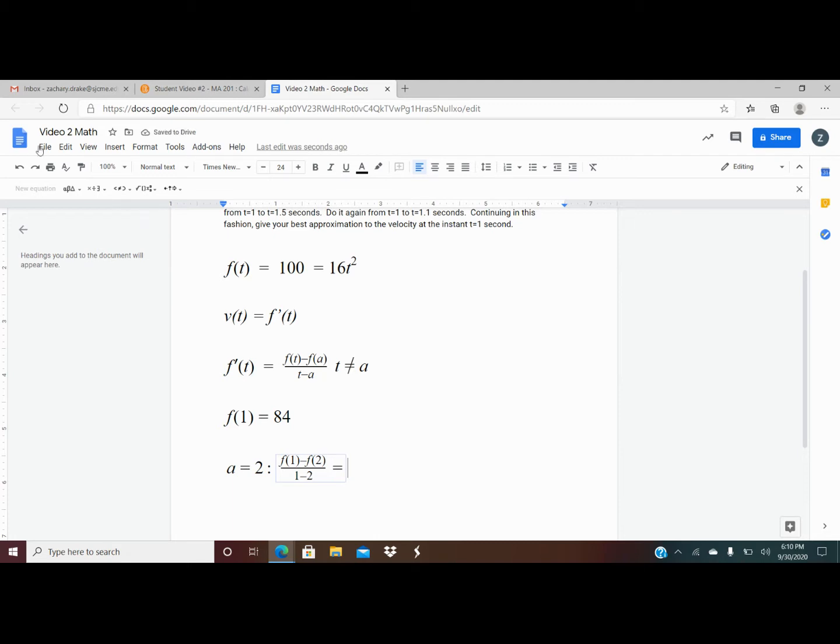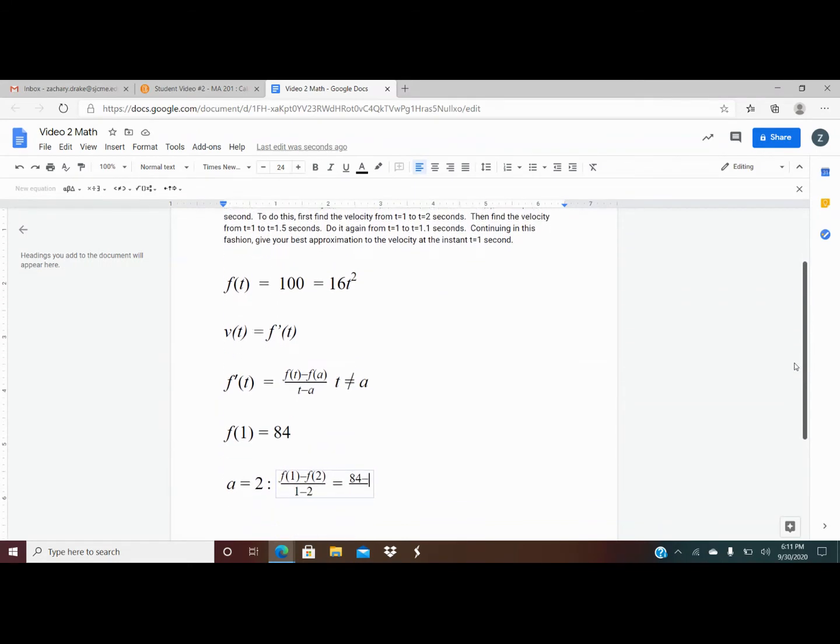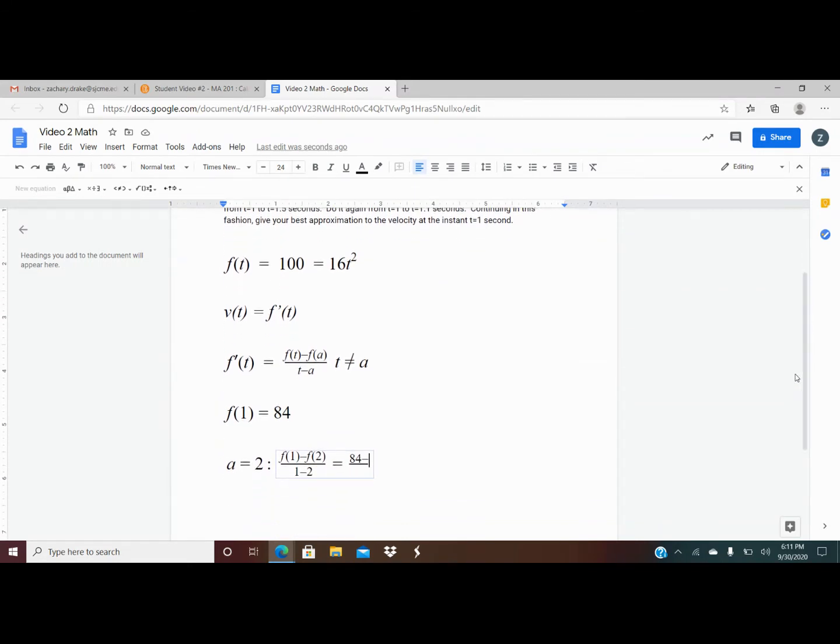We already established that f of 1 is 84, and f of 2 is: 16 times 4 equals 64. Subtract that from 100, and we get 36. So 84 minus 36, all over 1 minus 2.